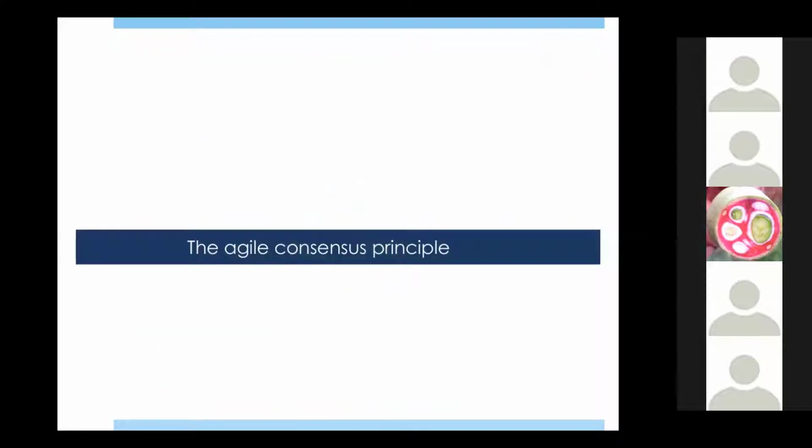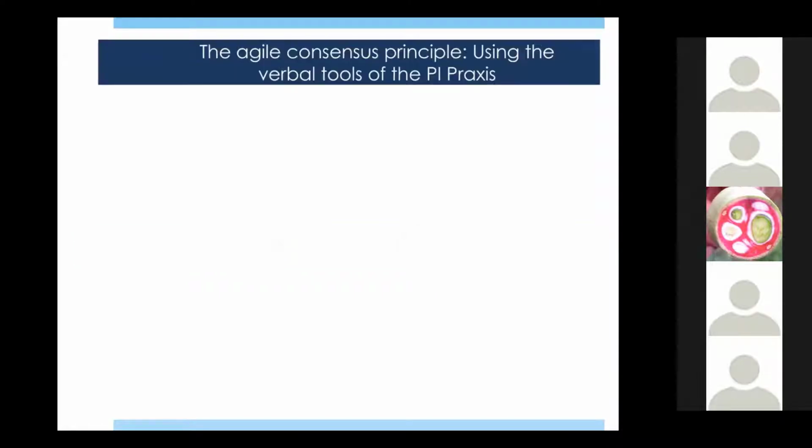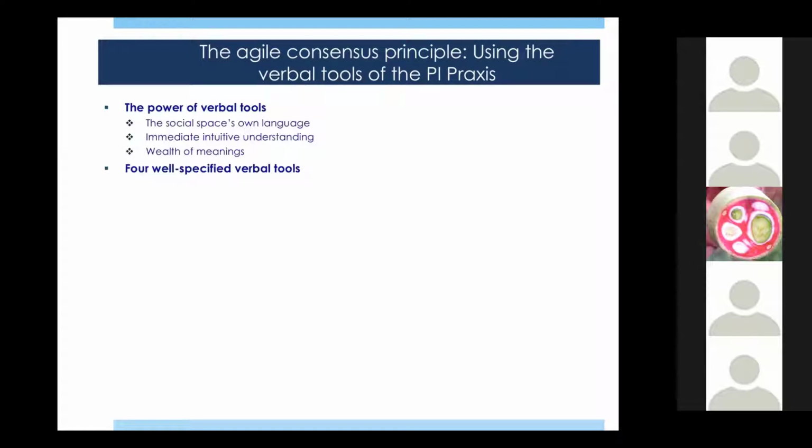Okay, finally, the third principle, the agile consensus principle. This principle is applied by using the verbal tools of the praxis. The power of verbal tools: we talk in the social space's own language, with immediate intuitive understanding and wealth of meanings. We have four well-specified verbal tools.